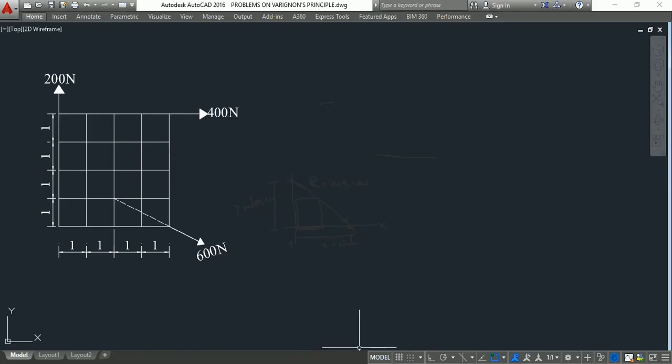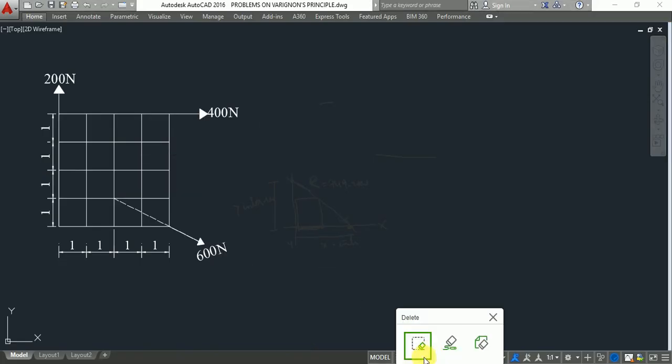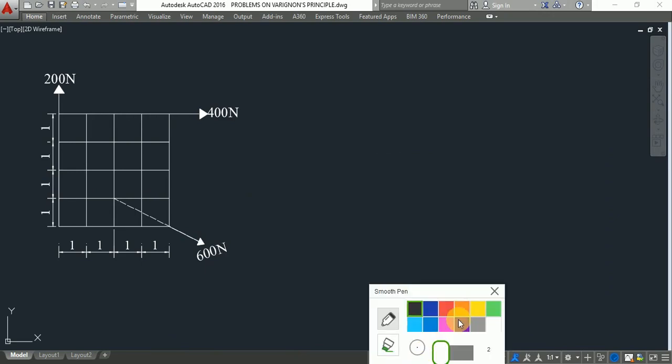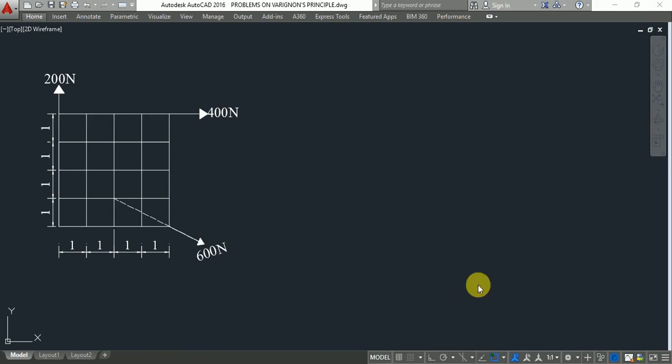So this is the given figure. In this, a force of 400 Newton is acting here. Another force of 200 Newton is acting here. An inclined force of 600 Newton is acting here. See here, no moment is acting on this body or this system. Only three forces are acting here.